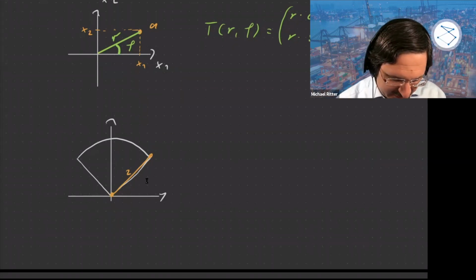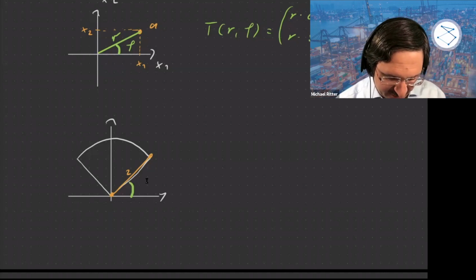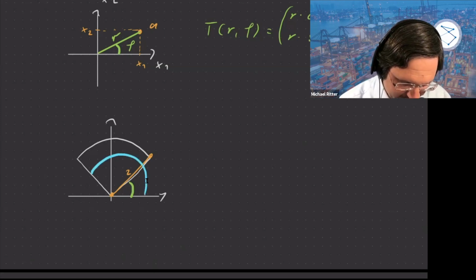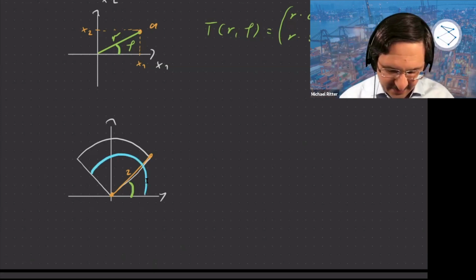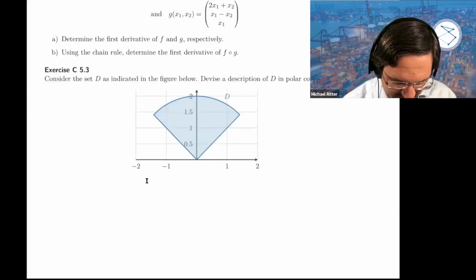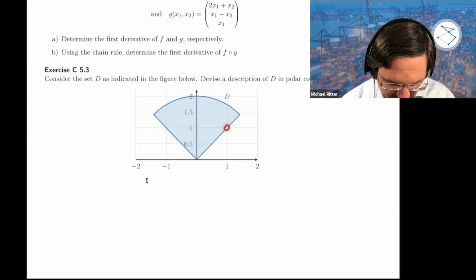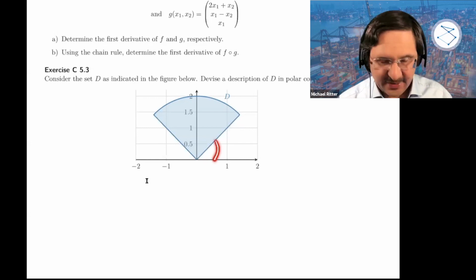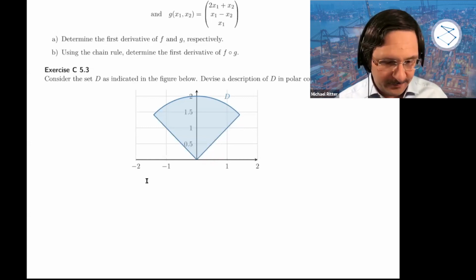And for the angles, this here is the starting angle and this here is the upper bound for the angle. The starting angle, you can probably guess what that is, or you can see as the line passes through these 2 points. That's an angle of pi over 4.